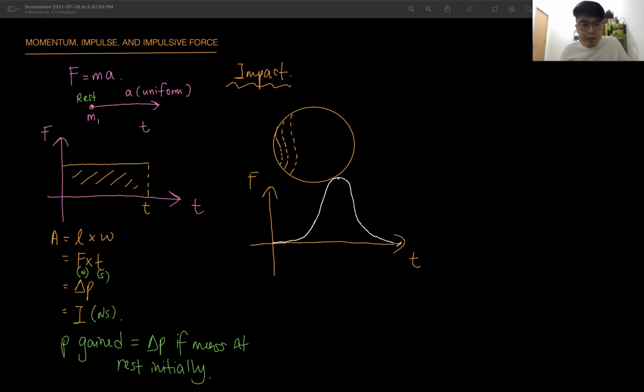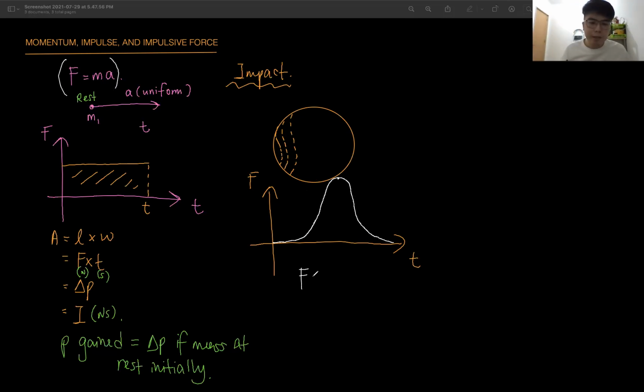And the time period here is very short, like a fraction of a second. So in a short period of time, force can be variable. This force is changing over time. How can we calculate this force? Can we calculate using F equals ma? Cannot. Why?